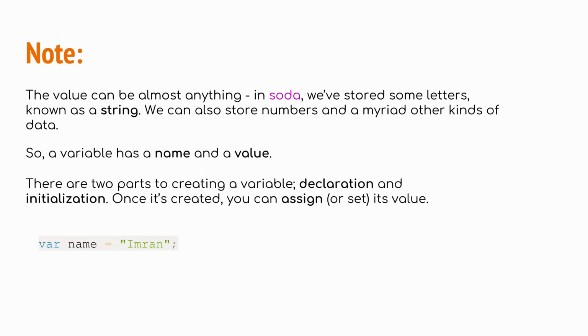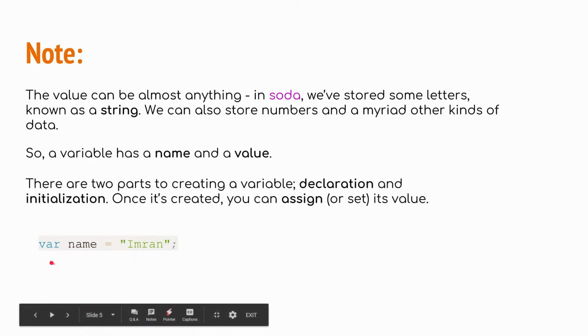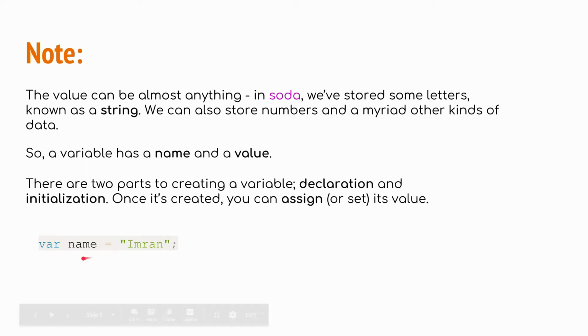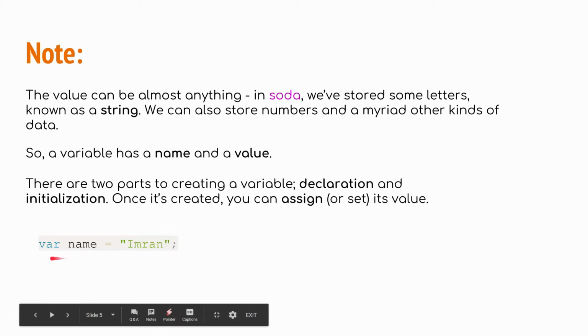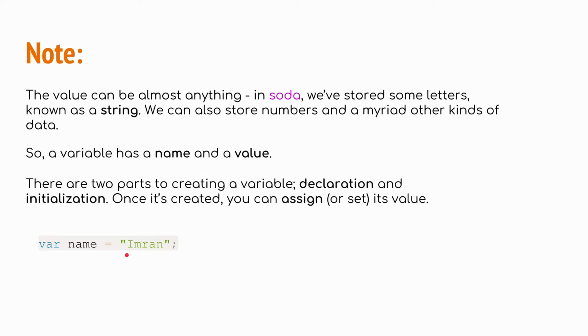For example, here in this code snippet, we have done both of them together. Note that we have declared the name of the storage space with var name, and together with doing the declaration, we have also given an initial value of a string which reads Imran to the name variable.